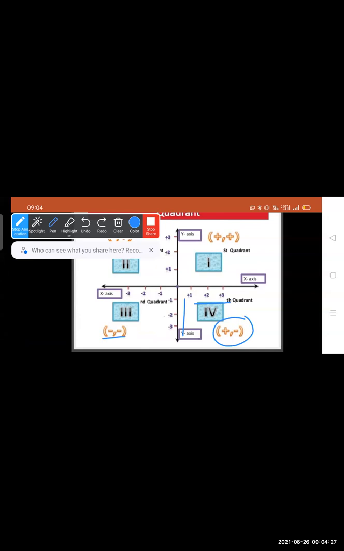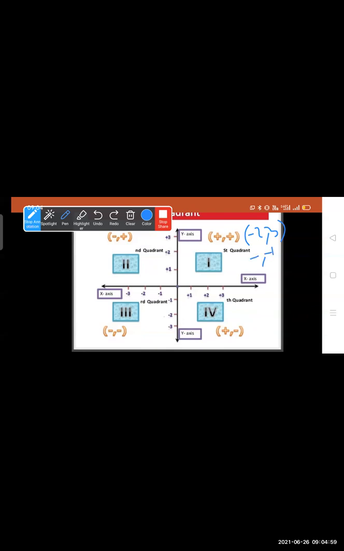So we write here plus minus. Clear? Again, there are 4 quadrants. First quadrant, all positive. Second quadrant, negative positive. Third quadrant, both negative. And fourth quadrant, positive negative. So if the question is like this: -2, 3, which quadrant does this point lie in?